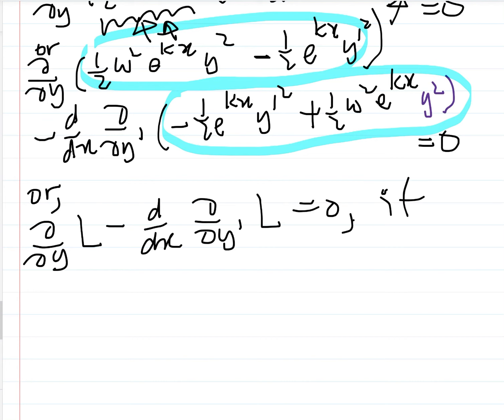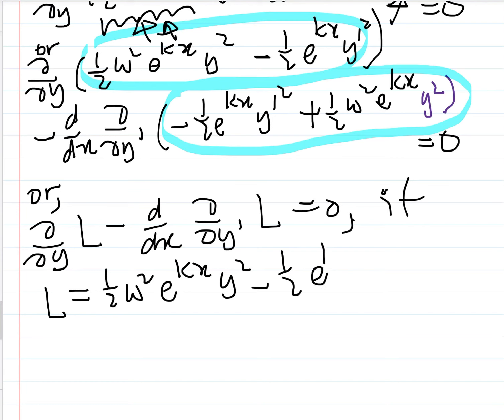If I define my L to be the thing I circled, which is a half omega squared e to the kx y squared minus a half e to the kx y dashed squared. So this then is the Lagrangian for the differential equation we were given earlier on.